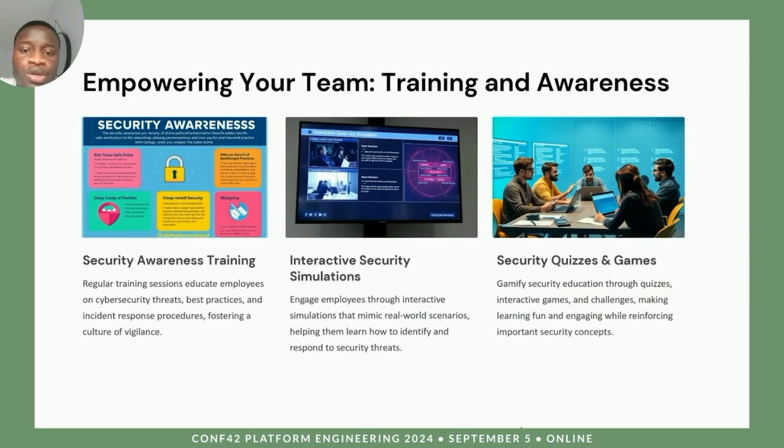You can also have things around threat modeling and interactive security simulations, where you mimic real-world scenarios to help you identify how you're going to respond to a threat. You can also conduct security games, gamifying security scenarios through quizzes, interactive games, and challenges.